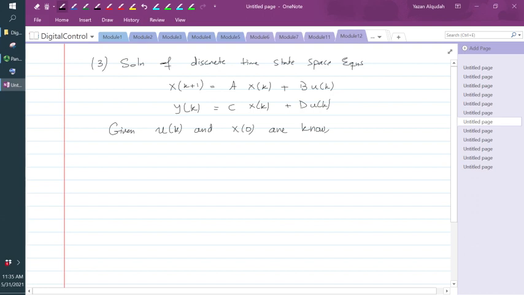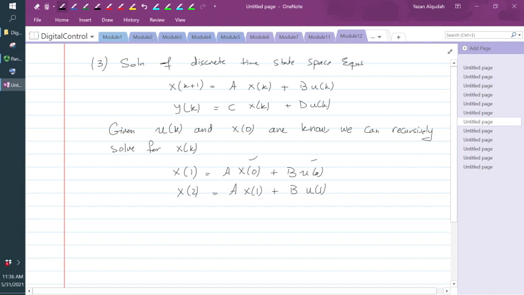One way we can solve for x of k is to just recursively solve for x of k. So if I want to calculate x of 1, this is going to equal a multiplied by x of 0 plus b multiplied by u of 0. X of 0 is known, u of 0 is known. X of 2 is going to equal a multiplied by x of 1 plus b multiplied by u of 1.